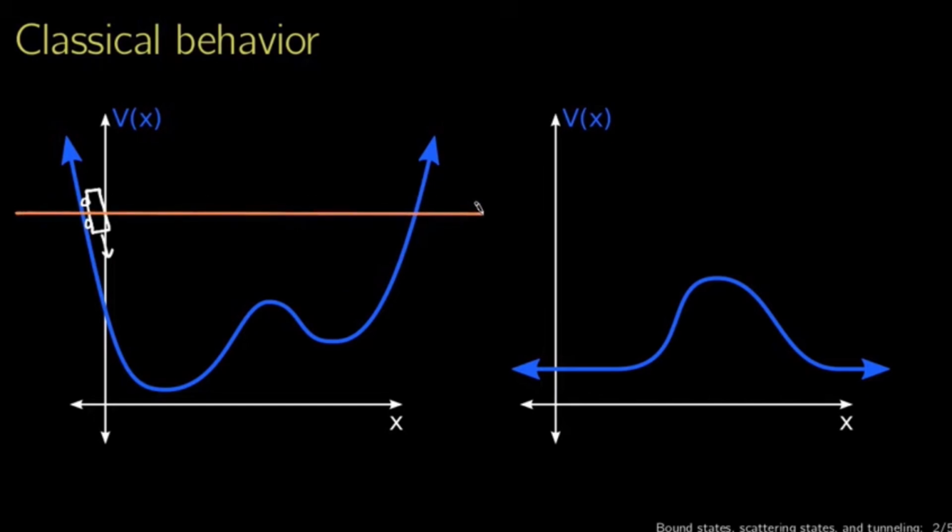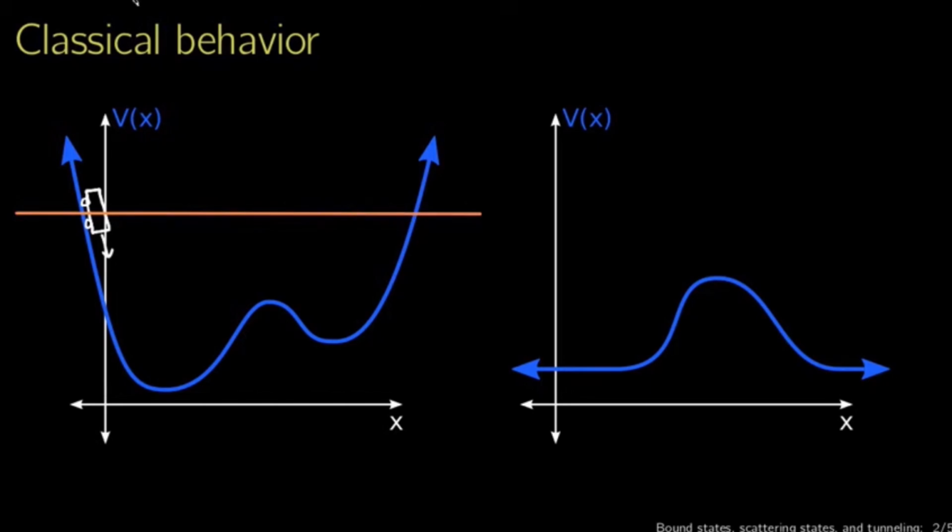To put this in a framework that makes a little more sense quantum mechanically, if I have some energy level, total energy level, for our cart, if it starts here with zero initial velocity, that level of its energy is essentially the total energy. Its potential energy at that point is its total energy. As the cart rolls downhill, it gains kinetic energy, having its maximum kinetic energy at the lowest point here. Then it rolls back up until it runs out of kinetic energy at the far point here.